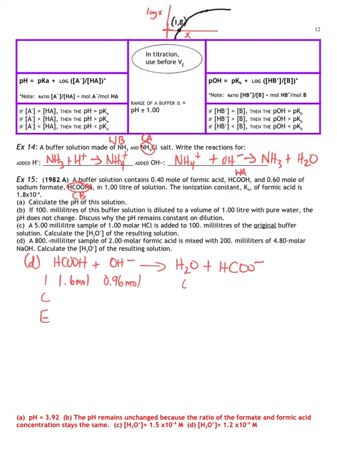I can see who the limiting reactant is. We start off with these two. Your limiting reactant is the least amount, and these coefficients are so nice. There's a 1-to-1 coefficient, so you can see who the limiting reactant is. It's this sodium hydroxide. And I'm going to subtract that limiting reactant amount.